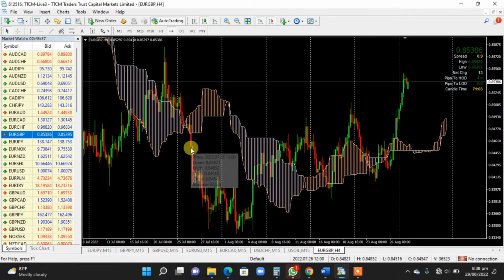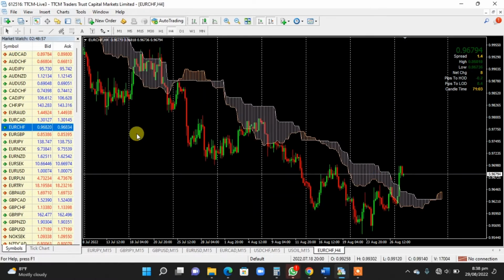Any close below the cloud, we are in the sell zone. Any close above the cloud, we are in the buy zone. For instance, as of today, prices close above the cloud, so we are in the buy zone. That's how we approach the chart. Prices close above the cloud, we are in the buy zone.